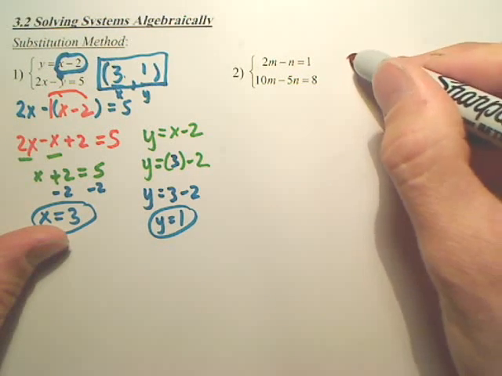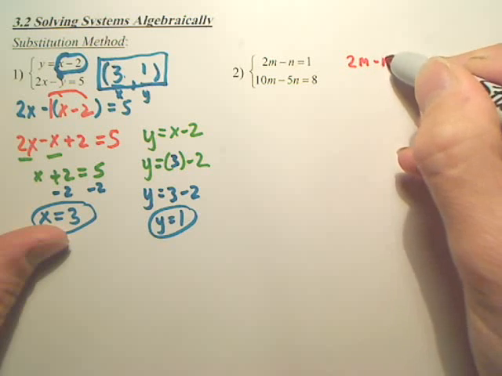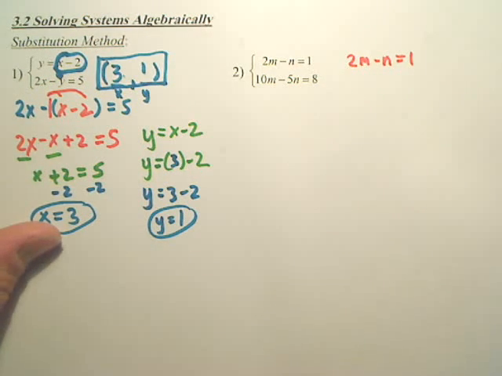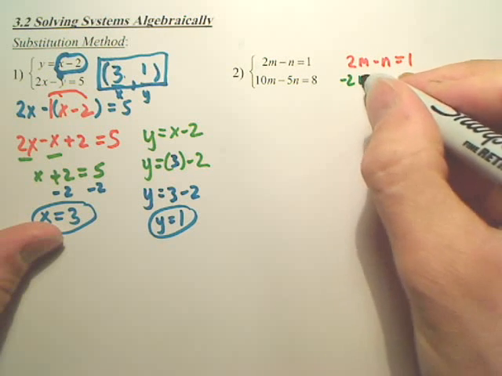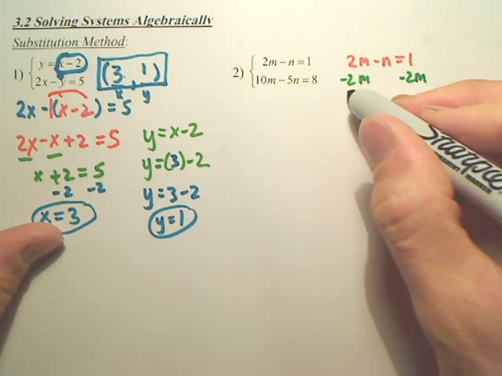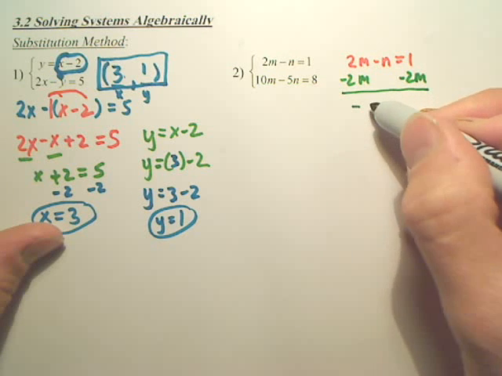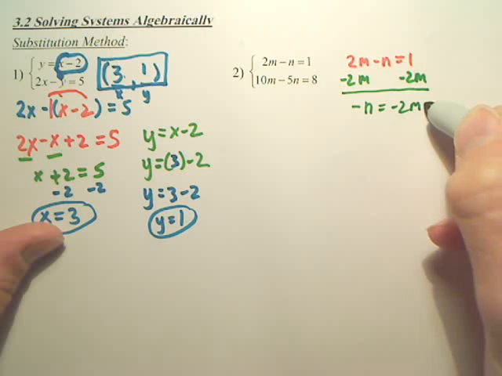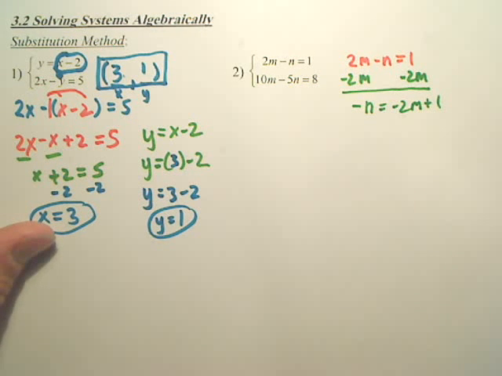So I'm going to go, okay, the 2m minus n equals 1. I'm going to try to get n by itself. So first thing I'm going to do is minus this over. That gives me negative n equals negative 2m plus 1.